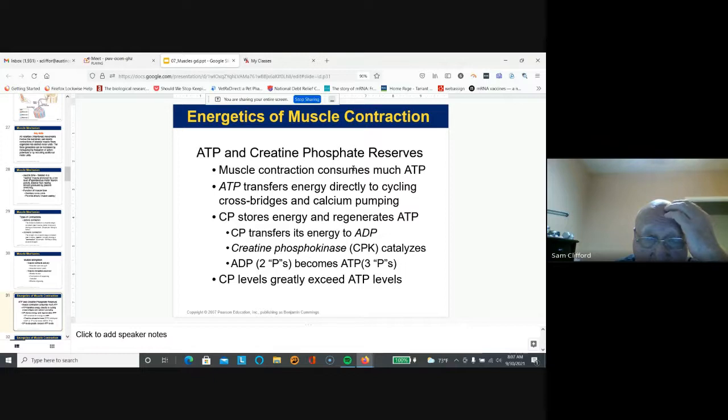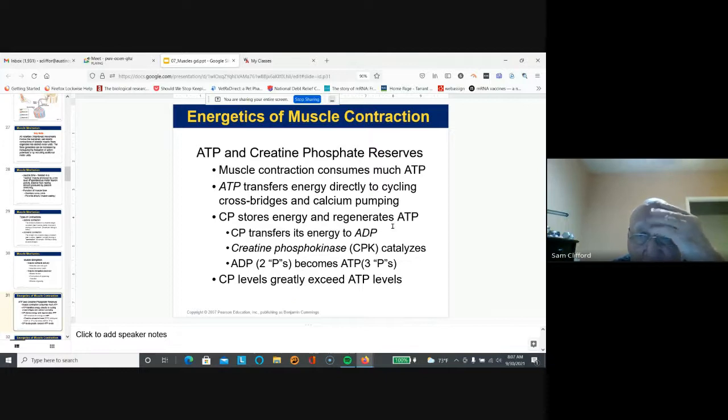And creatine phosphate is also available to energize the calcium pumps, and the ATP transfers energy to allow the cross bridges to attach. And you have this enzyme called creatine phosphokinase, which causes the myosin head to be energized.